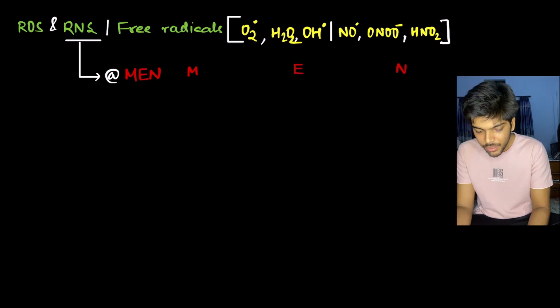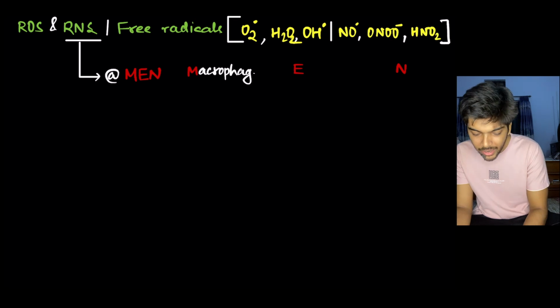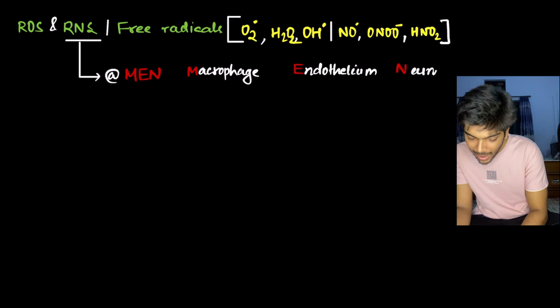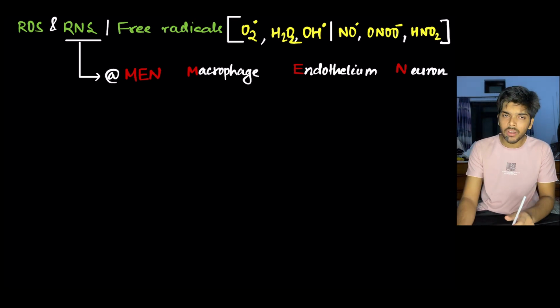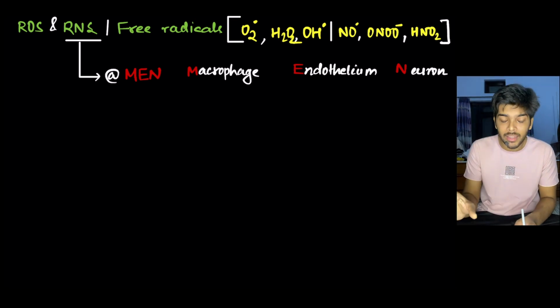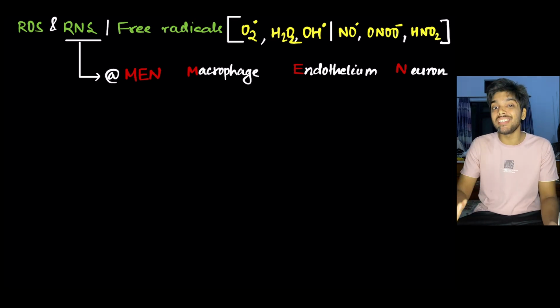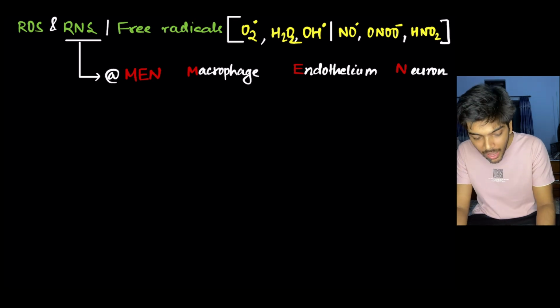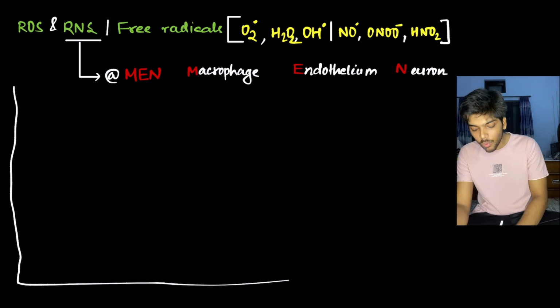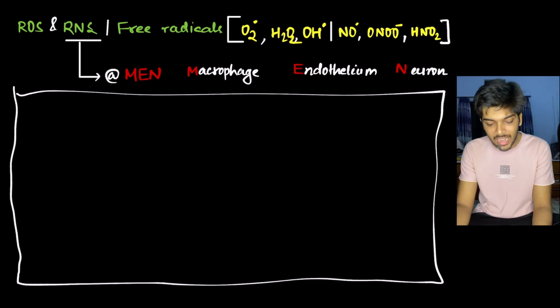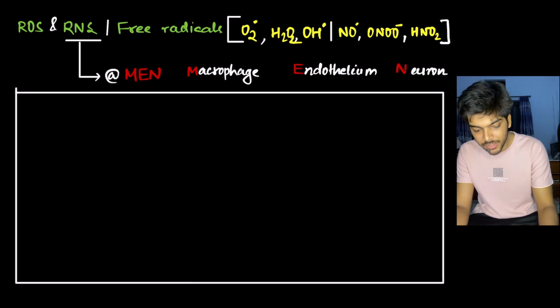M is for macrophage, E is for endothelial cell, and N is for neuron. So in macrophage, endothelial cell, and neuron plus some other cells, reactive nitrogen species are formed. But almost all the time in all the cells, reactive oxygen species are formed. That is why I'm going to emphasize this lecture more on reactive oxygen species rather than reactive nitrogen species.